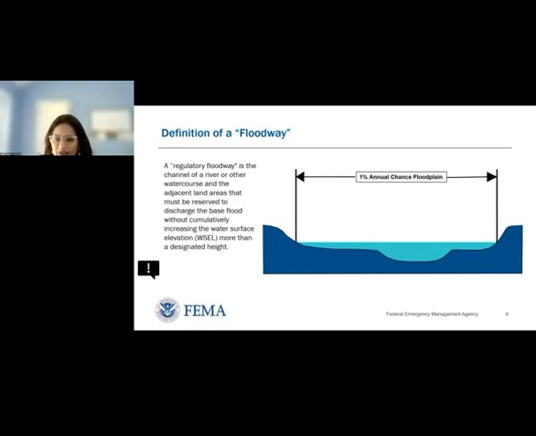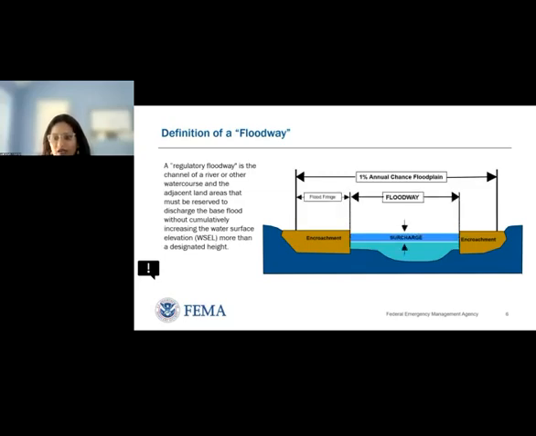So let me explain the floodway concept using the graphic on the slide. We'll start with a 1% annual chance, or 100-year, base flood floodplain. Then you assume there will be development that encroaches or fills in the adjacent land area towards the channel. The encroachment will likely cause a surcharge.